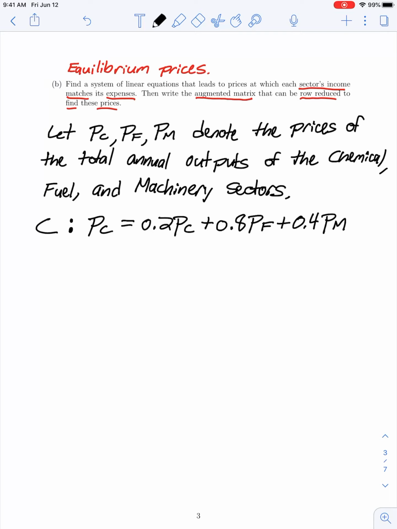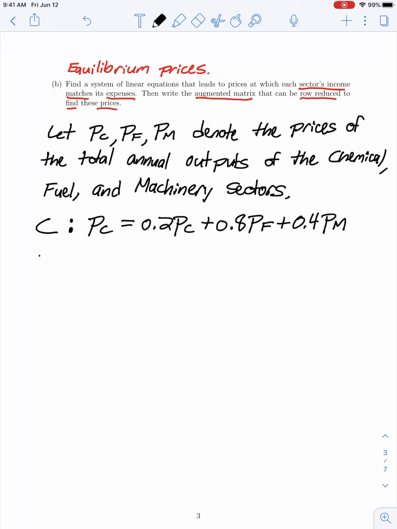So in order for that amount they're spending to equal the total amount that's incoming, we set those two quantities equal to each other. This is how we find an equilibrium price. Now we need to have this income matching the expense for each sector to get equilibrium prices.